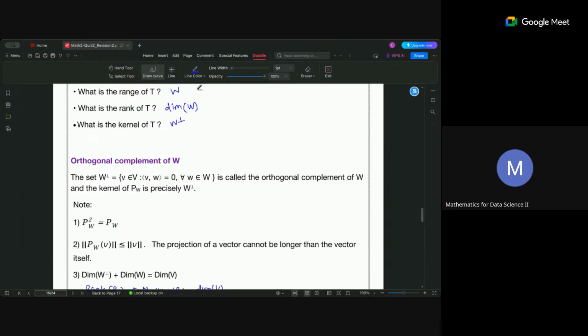For example, let us say you have some vector v equal to (1, 2, 3), and let us say u is the span of this v. What is u perp? U perp is the set of all (x, y, z) such that x plus 2y plus 3z equals 0. This is the equation of a plane, so the dimension is 2 and here the dimension of u is 1, correct?